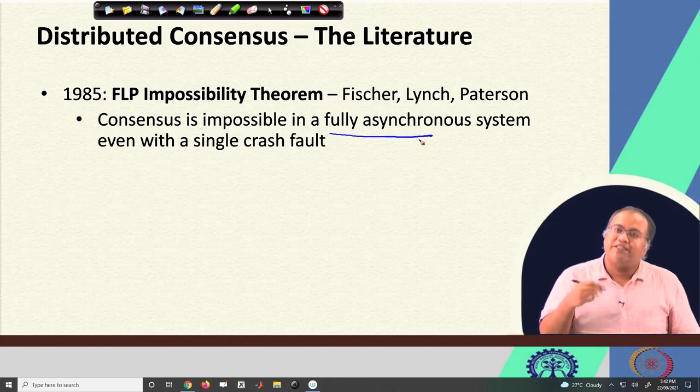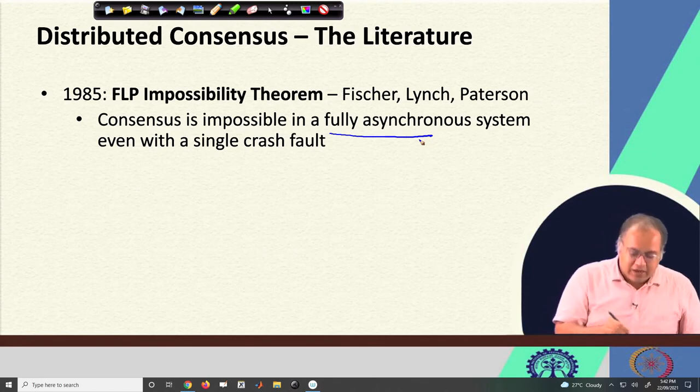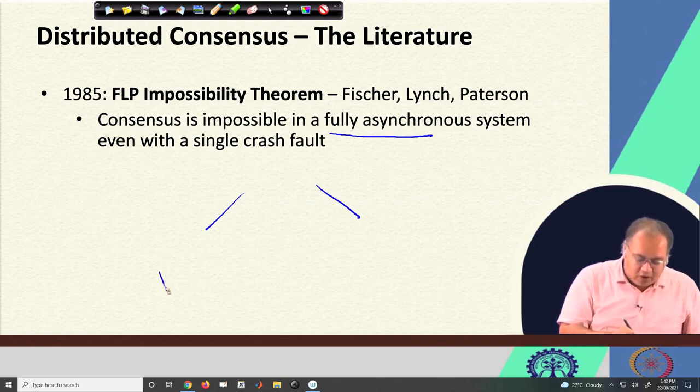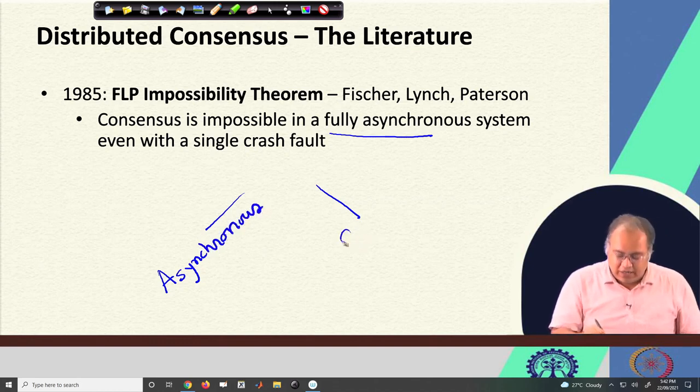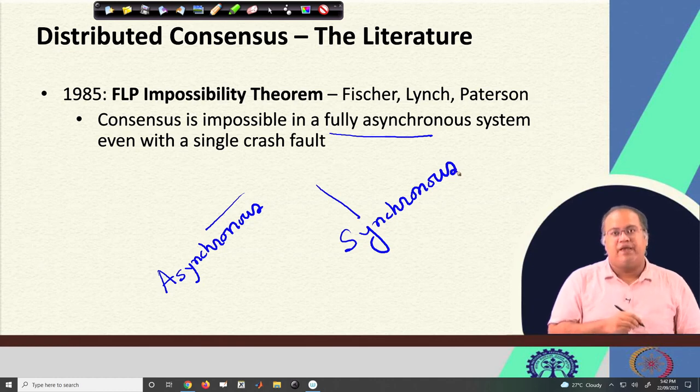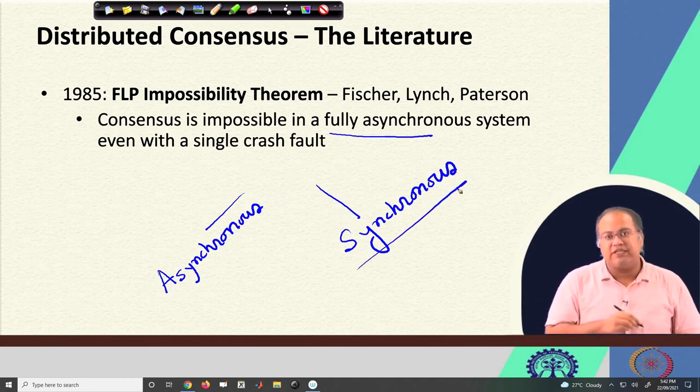This kind of communication channel we can broadly divide into two groups. One we call the asynchronous communication channel, and the second one we call the synchronous communication channel. Now, what is a synchronous communication channel?